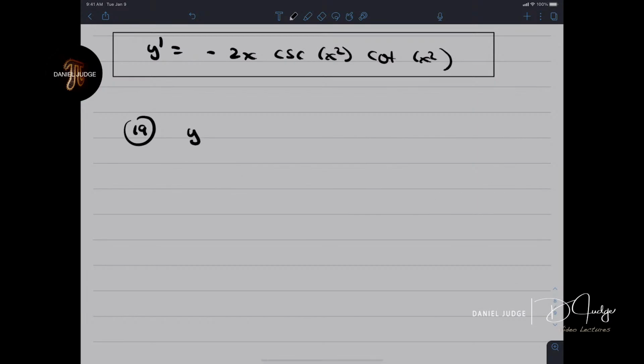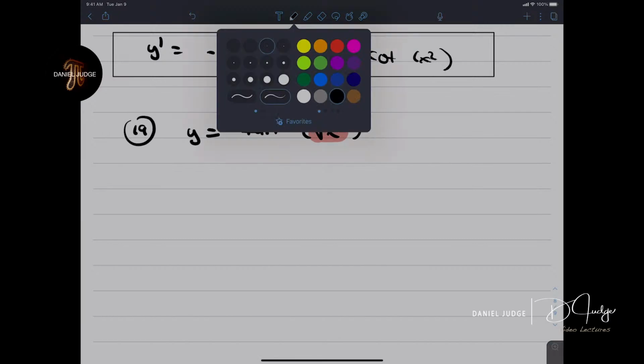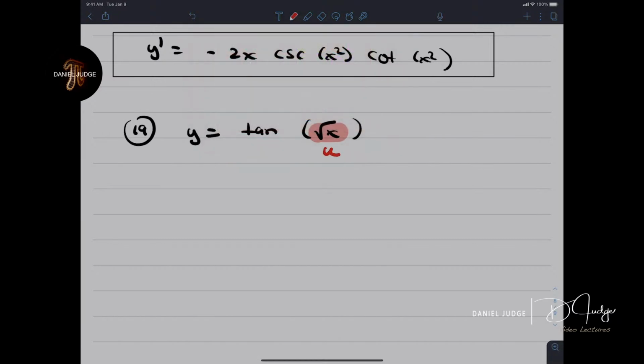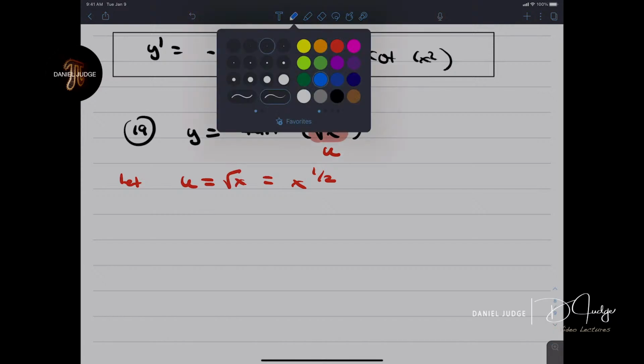19. Y is tangent square root of x. So my u here, we'll say, is the square root of x, which is x to the 1/2.